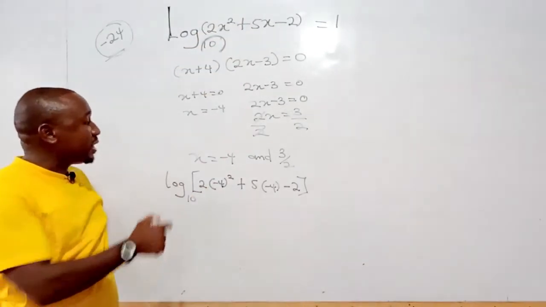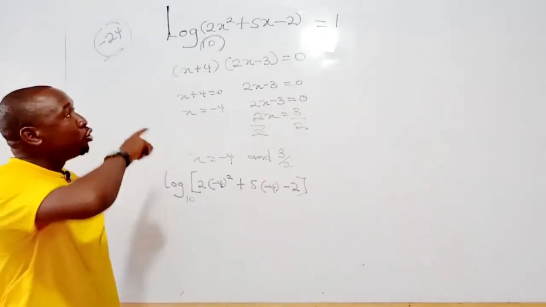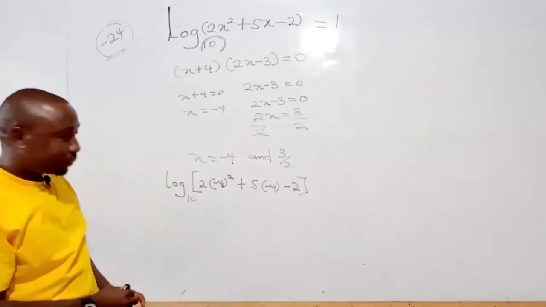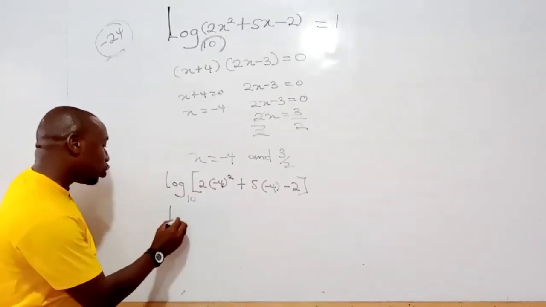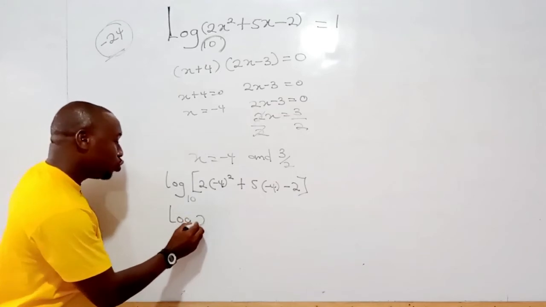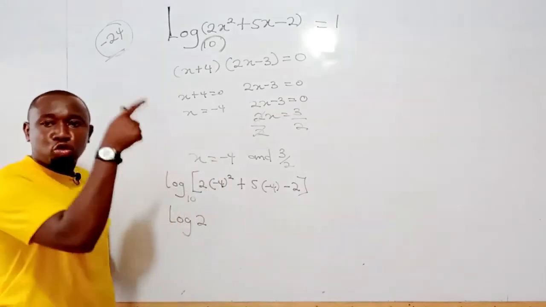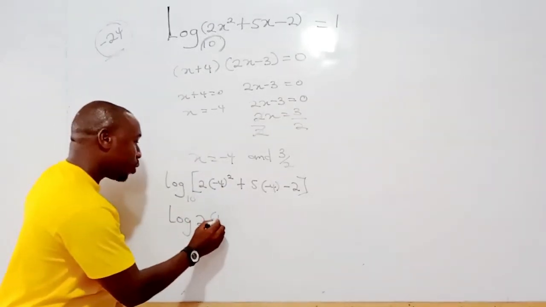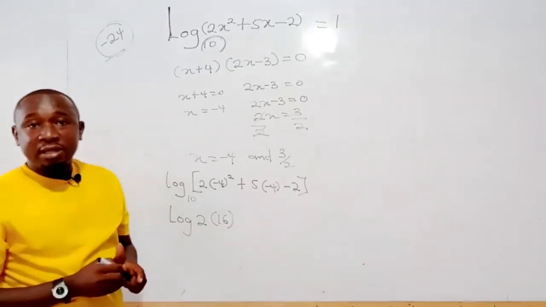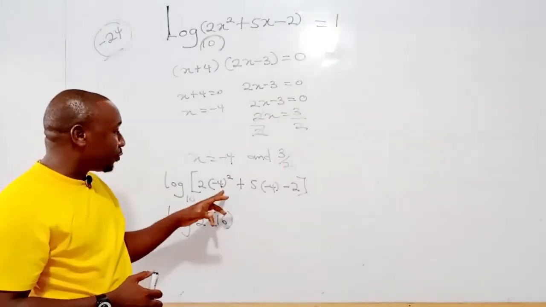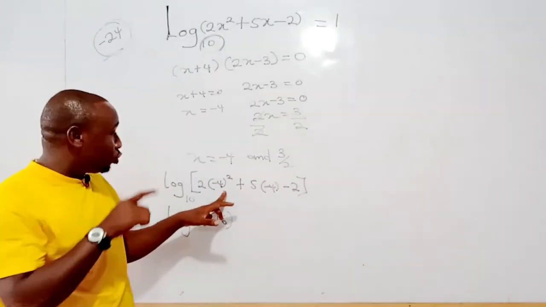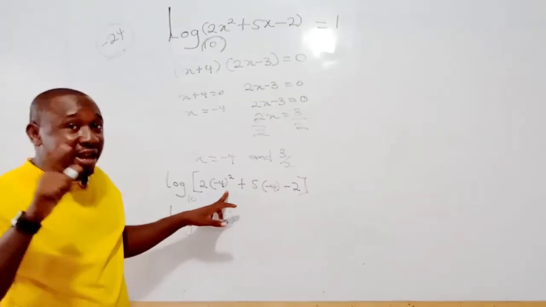We have substituted negative 4. We want to check whether truly we'll be getting the 1 there. This will give us log of 2 times negative 4 squared, which is positive 16. Please, if you are using your calculator to find negative 4 squared, don't just enter negative 4 squared.